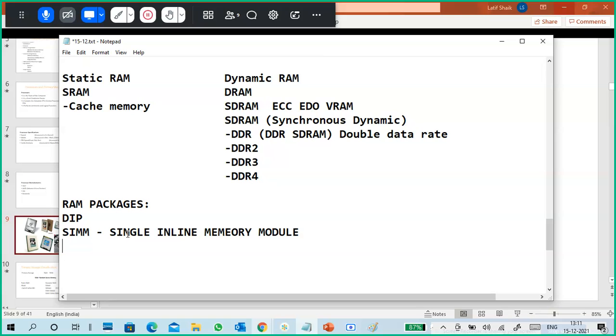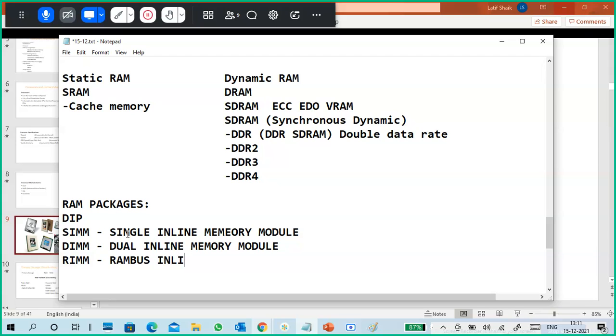DIMM means dual inline memory module, which is what we are using nowadays. Next one is RIMM, Rambus inline memory module.